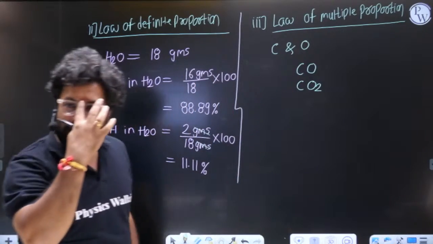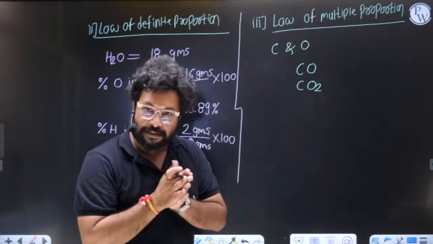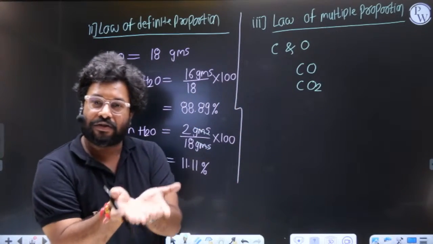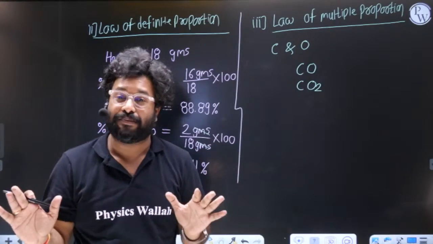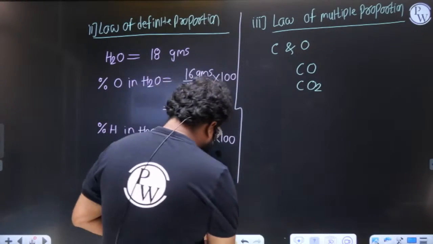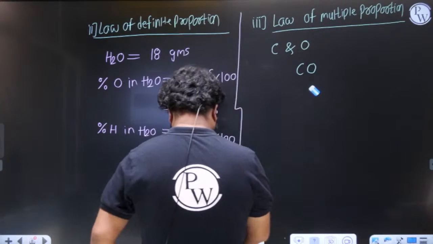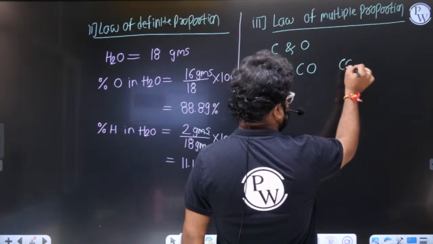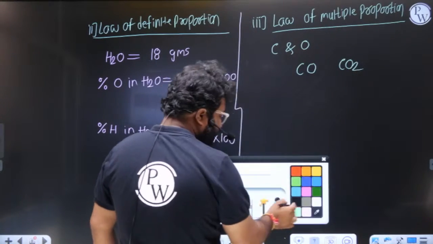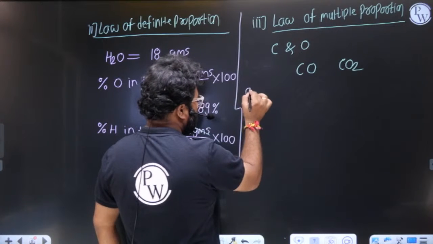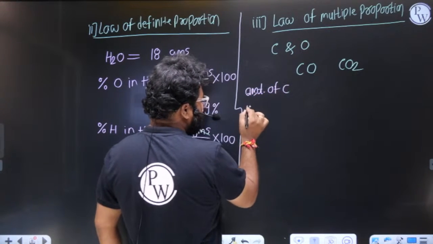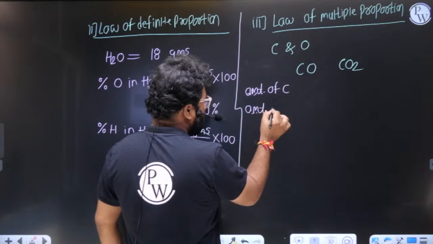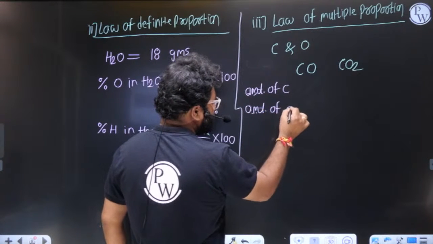Now if you look here, the amount of carbon which has combined with O and the amount of carbon which has combined with O2 is the same. How much is it? Let's write them beside like this. Amount of carbon, secondly amount of oxygen.